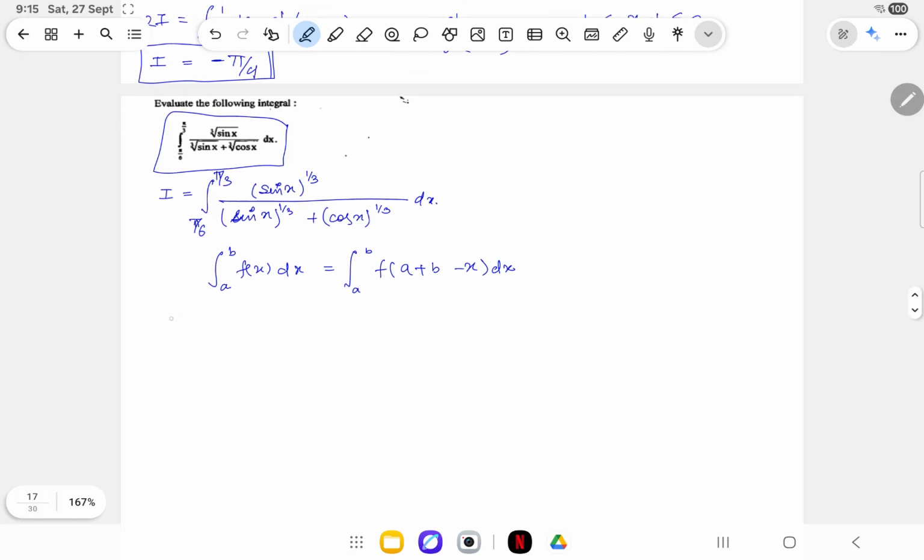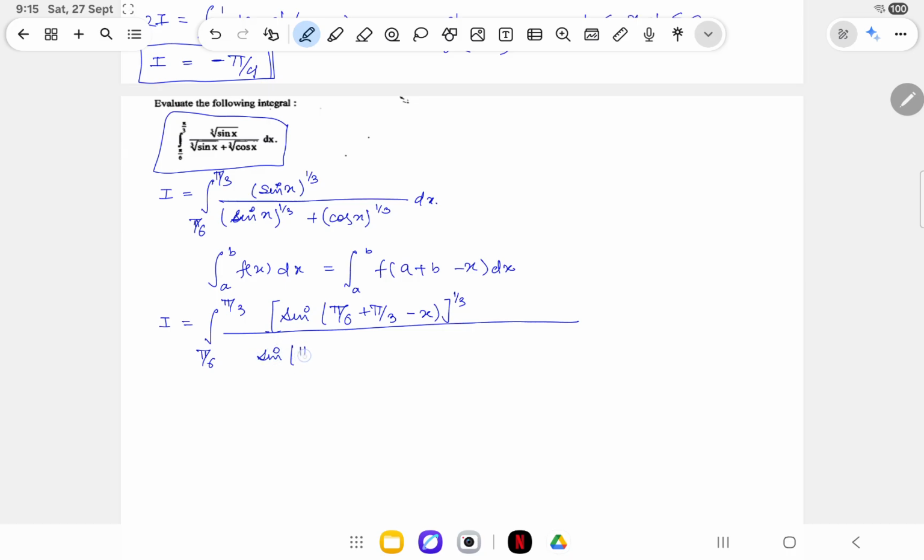Now if I just solve it, I'll get my I as integration from pi by 6 to pi by 3 of sine of (pi by 6 plus pi by 3 minus x) raised to 1 by 3, divided by sine of (pi by 6 plus pi by 3 minus x) raised to 1 by 3 plus cos of (pi by 6 plus pi by 3 minus x) raised to 1 by 3 dx.